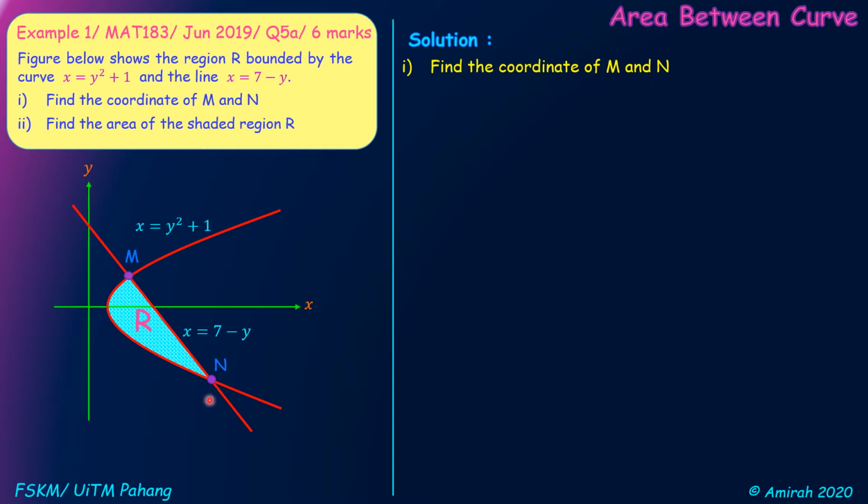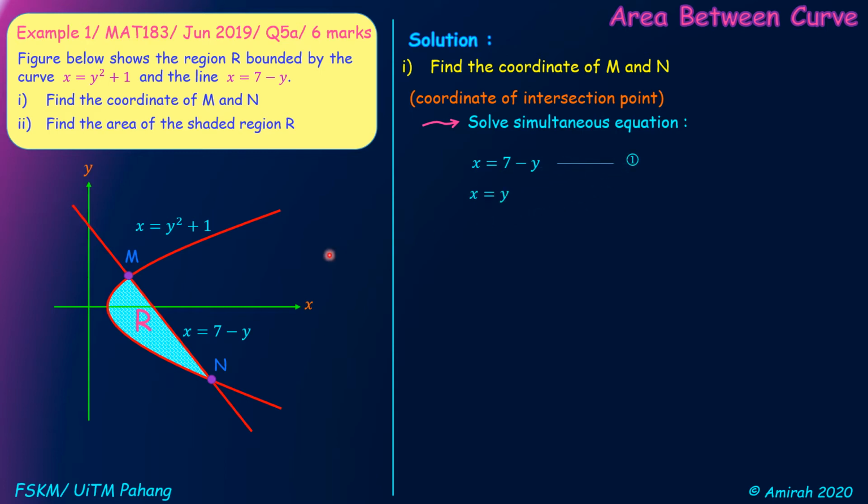M and N here are the intersection points. Okay. So to find the coordinate of intersection point, we need to solve simultaneous equation. Between equation x equals 7 minus y, we name it as equation 1, and x equals y squared plus 1, we name it as equation 2.